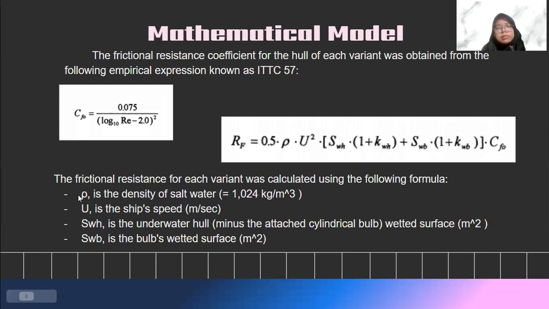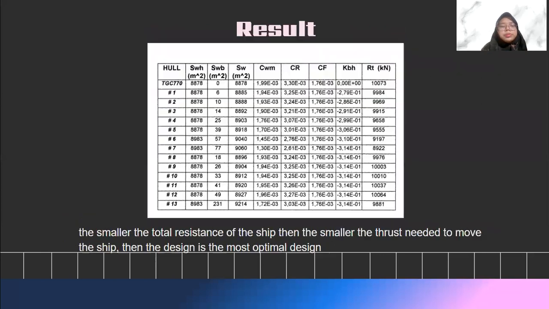And then rho is the density of salt water, which is 1.024 kilogram per cubic meter, and then U is the ship speed in meter per second. And then WH is the underwater hull minus the attached cylindrical bulb wetted surface in square meter, and then SWB is the bulb wetted surface in square meter.